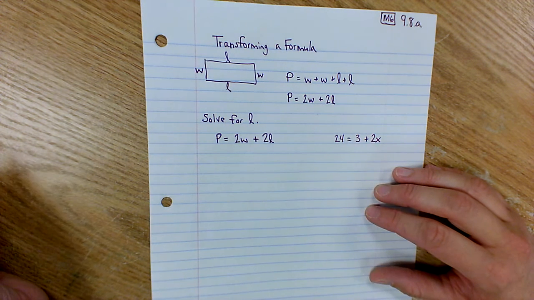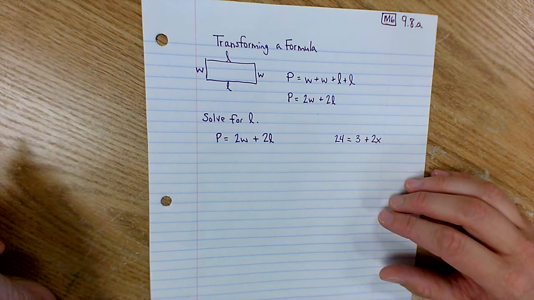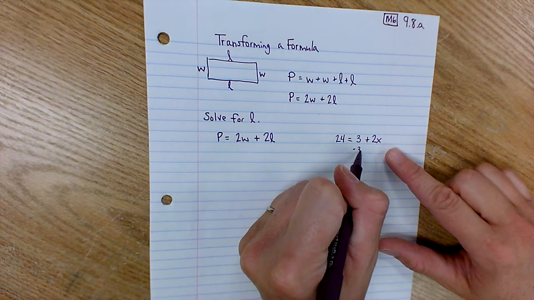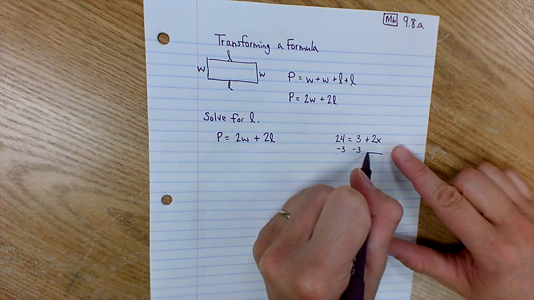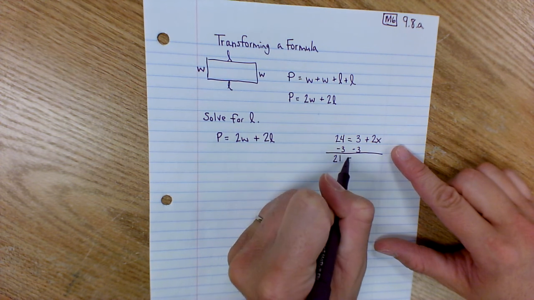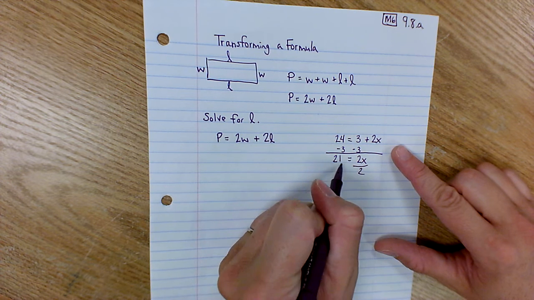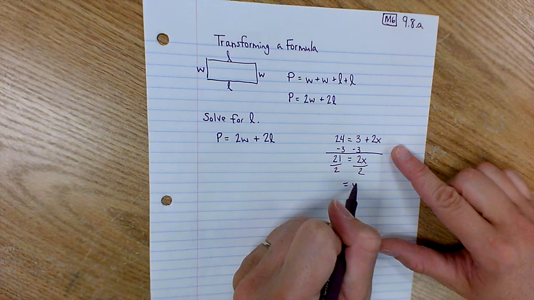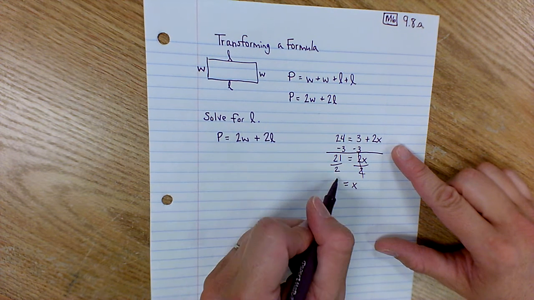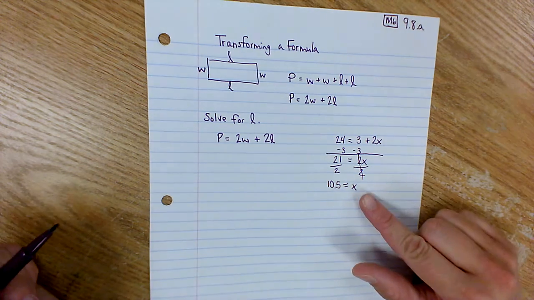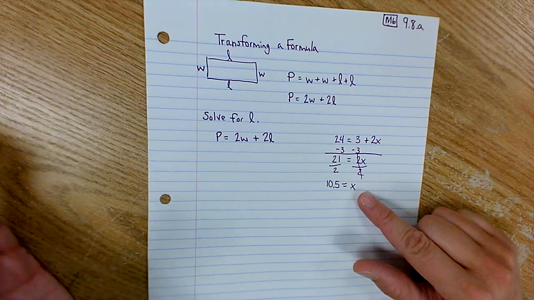To get the x by itself, we would first subtract 3 from both sides, and then we get 21 equals 2x. Then we would divide by 2 to get rid of that, and 10.5 would equal x. That's solving the equation for x. You've done that tons and tons of times.